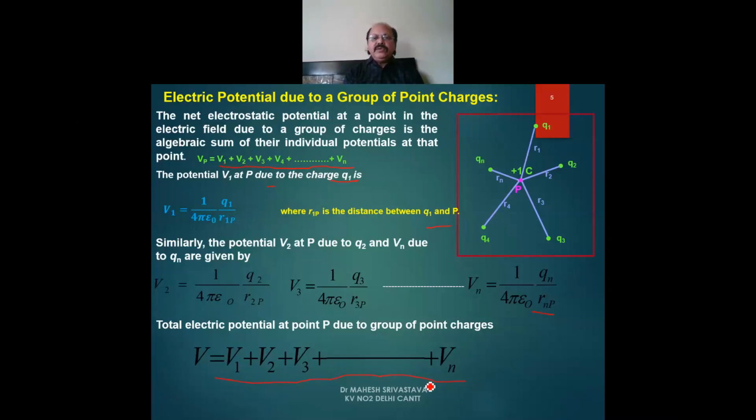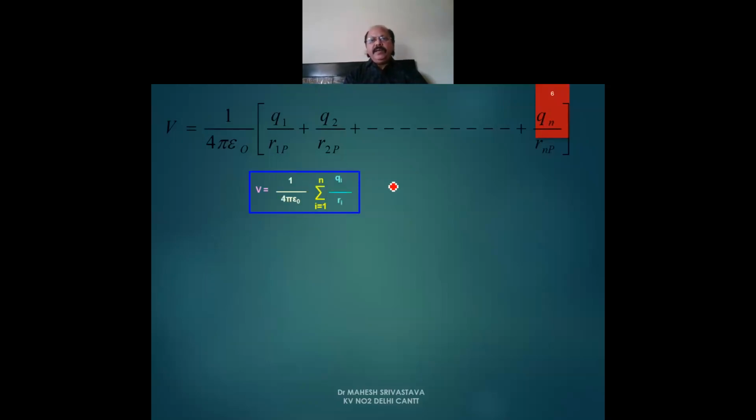Now we substitute the values of V1, V2, V3 and Vn in this equation, and you see that in all expressions 1 upon 4 pi epsilon naught is common, so we take it outside. Then inside the bracket is Q1 upon R1P plus Q2 upon R2P plus and so on Qn upon RnP.